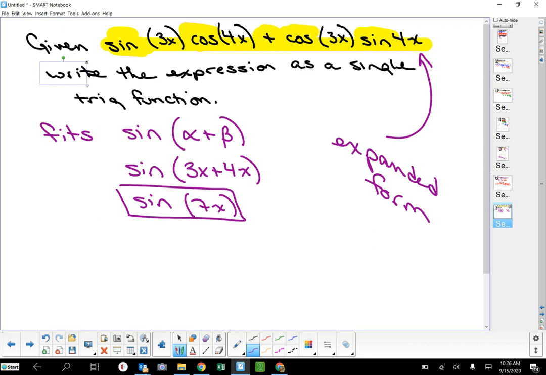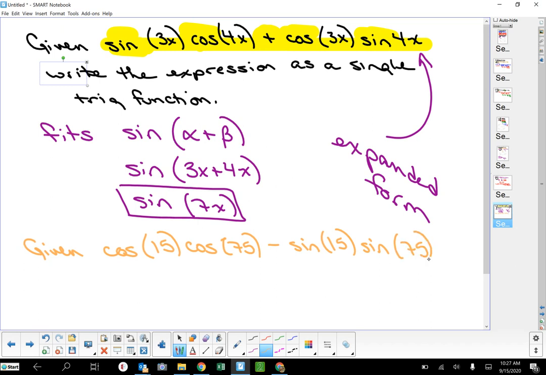Here's another example that looks similar to that. Given cosine 15 cosine 75 minus sine 15 sine 75, write the expression as a single trig function, and evaluate.